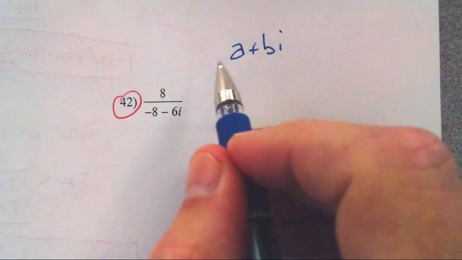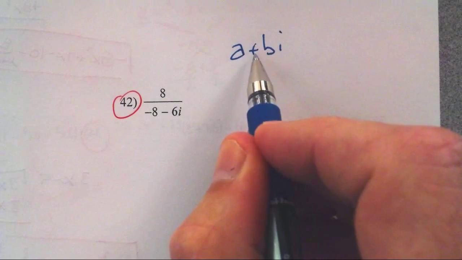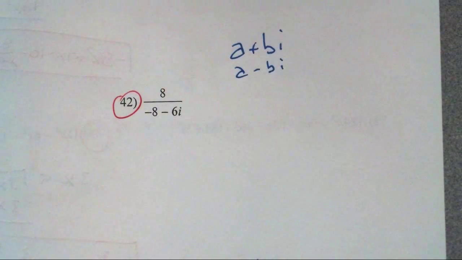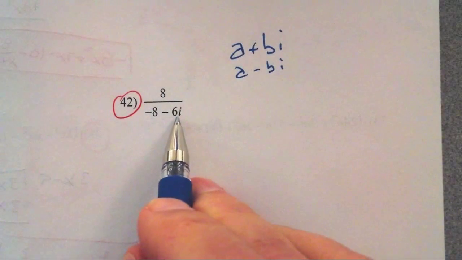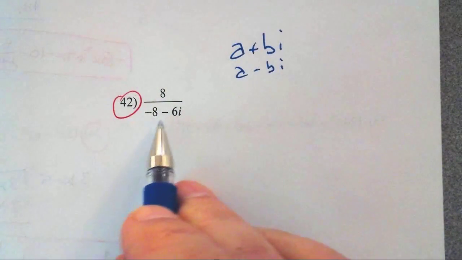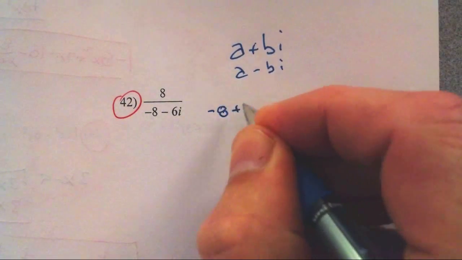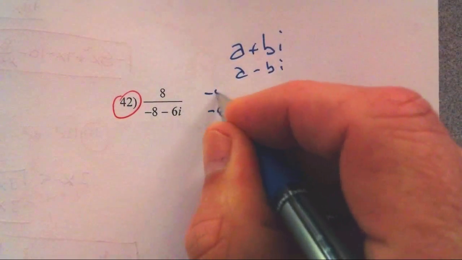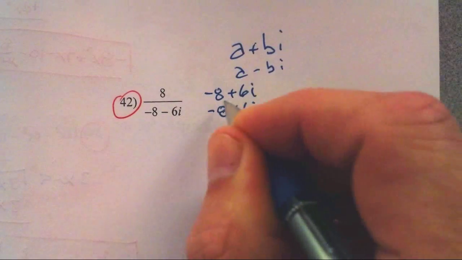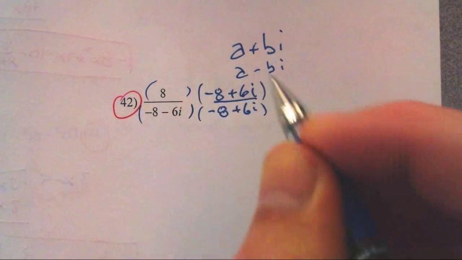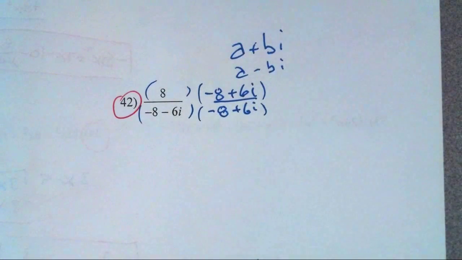Conjugates from binomials are the same except the sign between them switches. a minus bi is a conjugate of a plus bi. To get this i out of the denominator, this binomial, I want to use the conjugate. So negative 8 stays the same, but then plus 6i on negative 8 plus 6i. What am I really multiplying by? 1. I can do that.